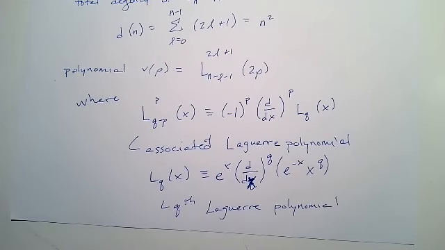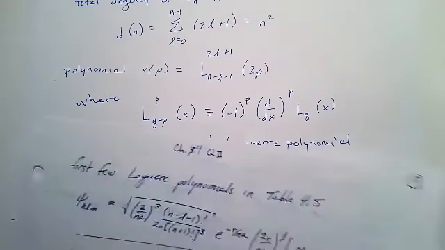All right, the first few polynomials like this are found in a table in your book. And in general, we could write our wave function in terms of a formula. I will put it down here.